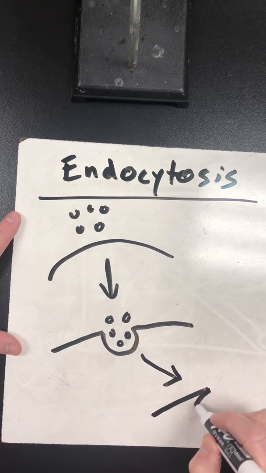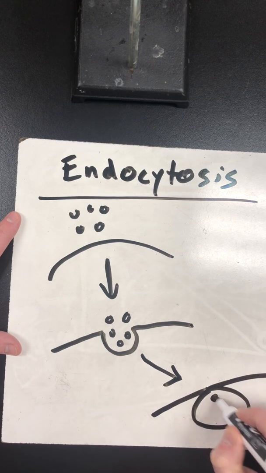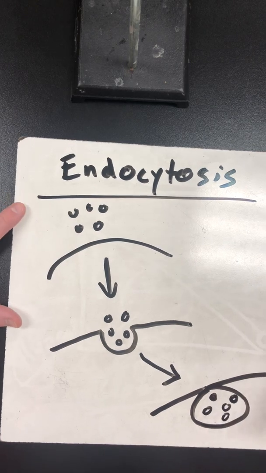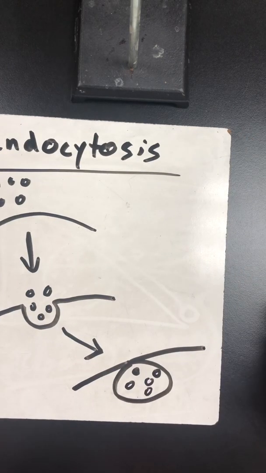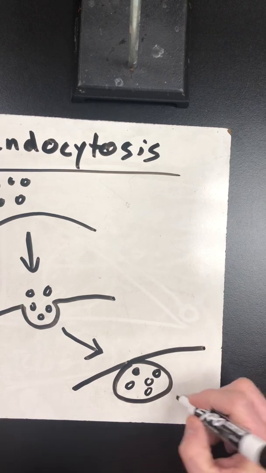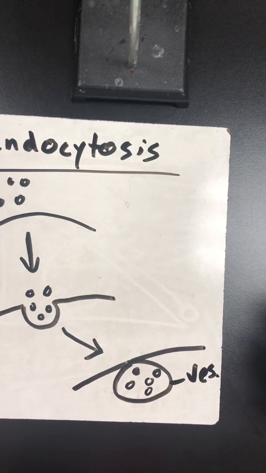Once they're all inside there, the cell membrane forms a vesicle, okay? So now that vesicle is formed from the cell membrane. So you probably guessed it. This is a vesicle, and it has the same type of membrane, that phospholipid bilayer, that the cell membrane does.